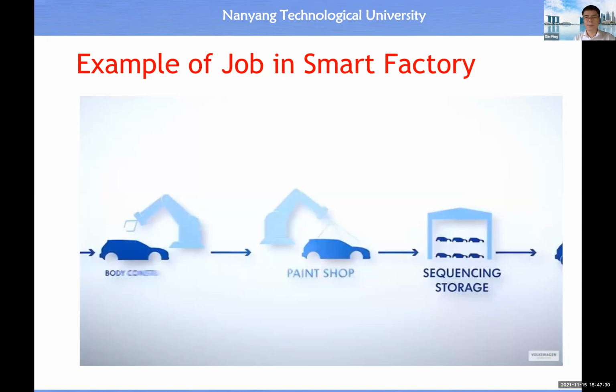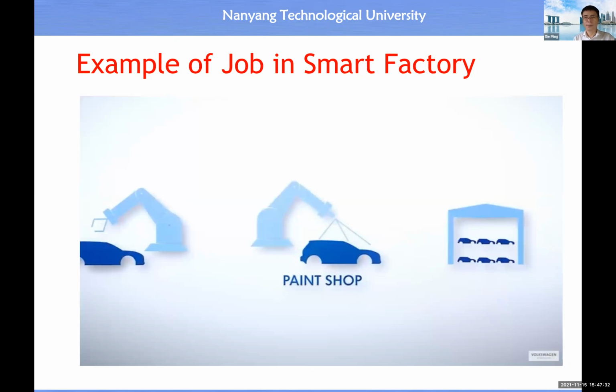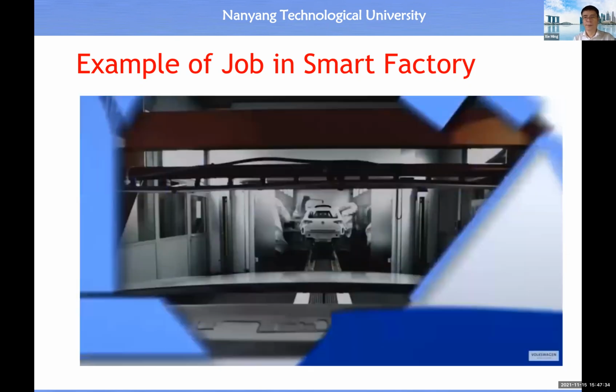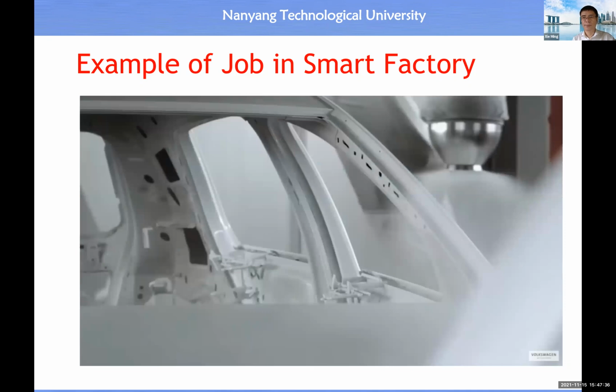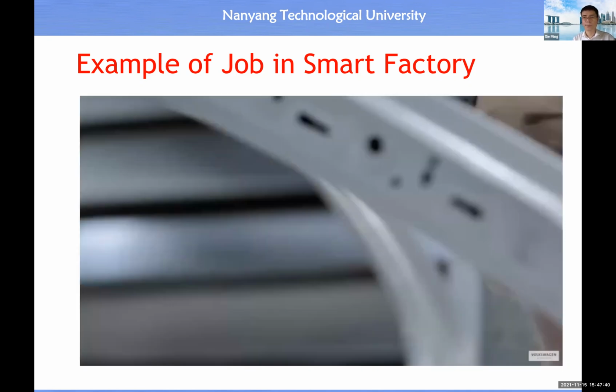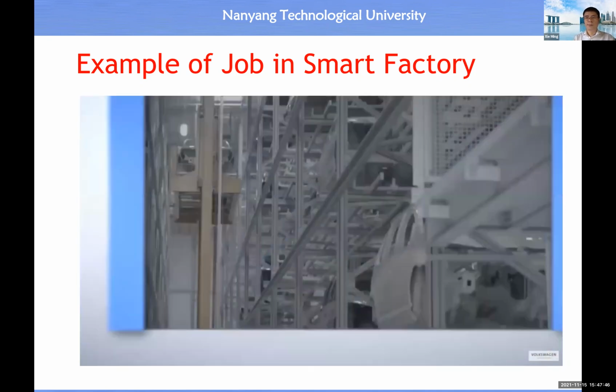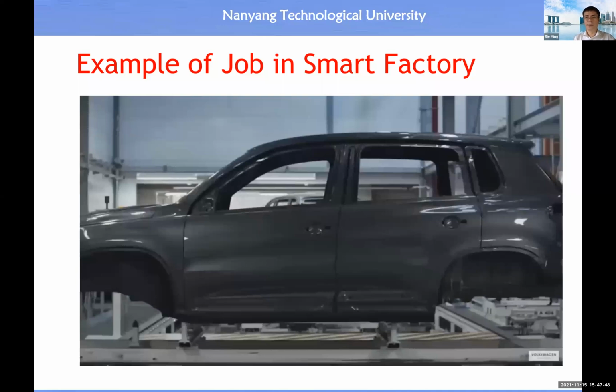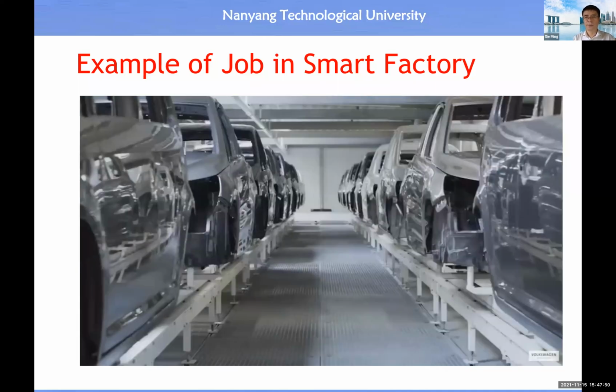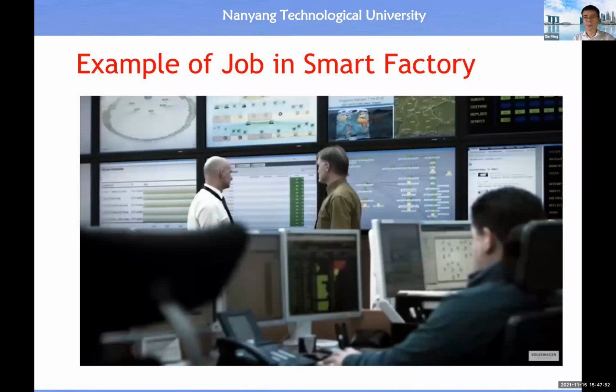The paint shop also receives information from the system world. In sequencing storage, the cars are placed in an optimal order for assembly. From here, information is transmitted to suppliers and pre-assembly as to which part is required when and where.